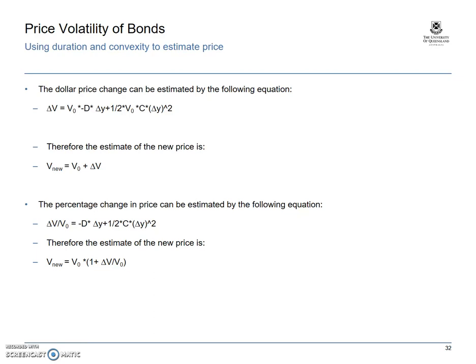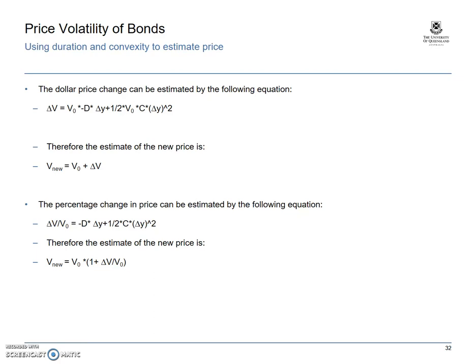Therefore, the estimate of the new price is simply the original price, V0, plus the change in the price, which we've just calculated above. Alternatively, we can think of it as the percentage change in price.